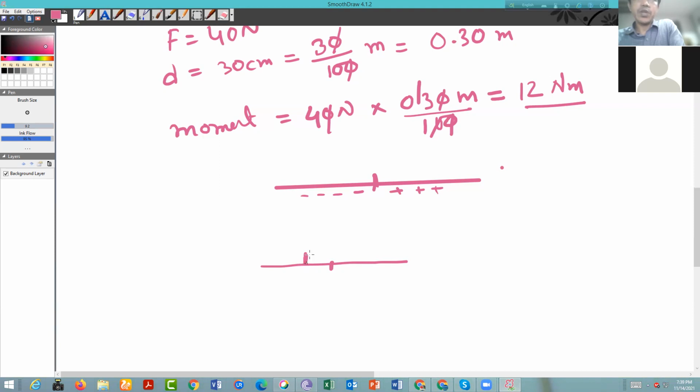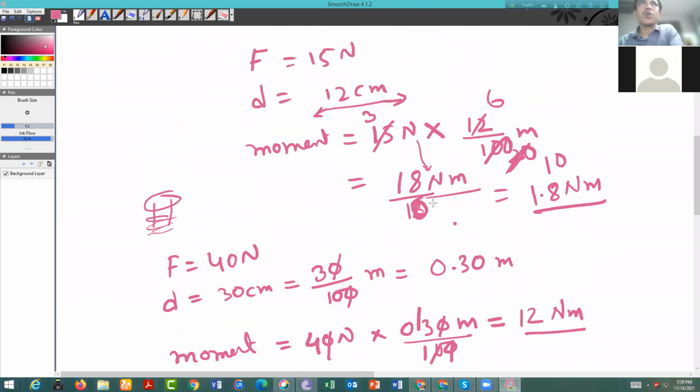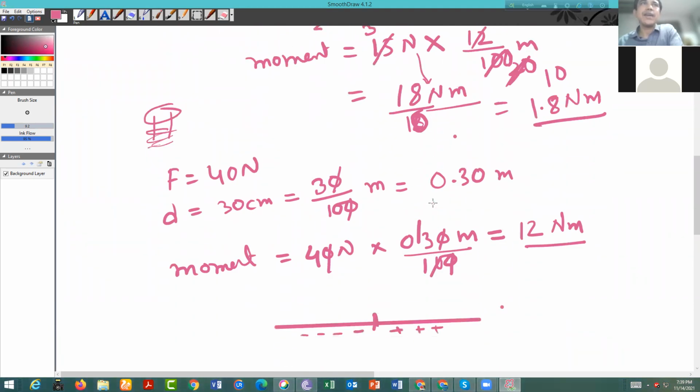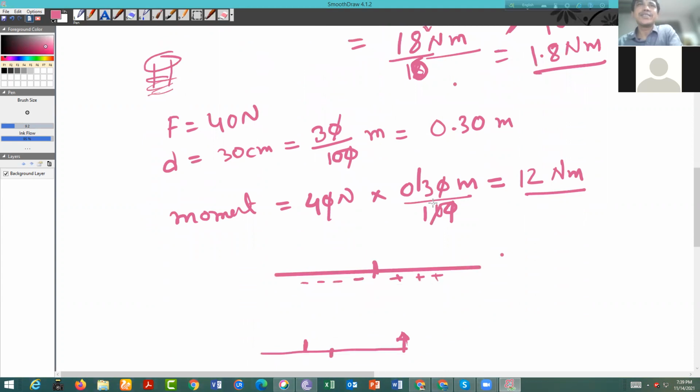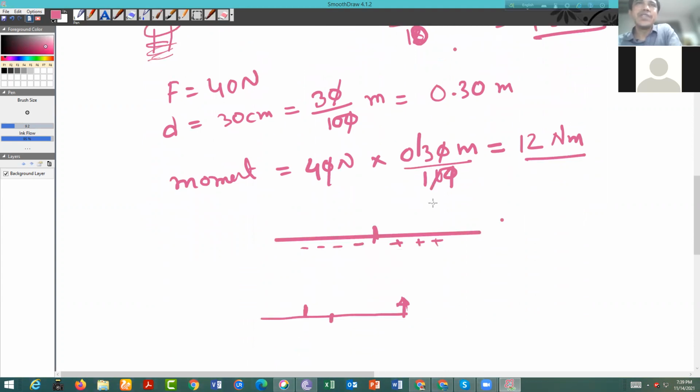Okay. This is near, this is far. So what will happen? Say the distance is more. You can see the formula, right? Formula is force into distance. So if distance is more, the moment will be more, right? Yes, because we are multiplying the distance.